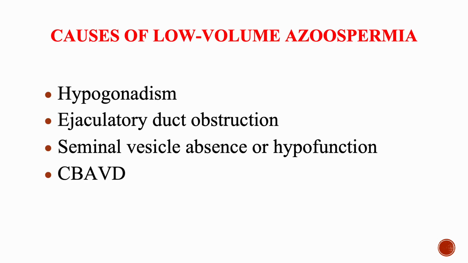Then coming on to low volume azoospermia. Firstly, we will discuss what the causes of low volume azoospermia are. The causes are first and foremost hypogonadism. Anything which leads to decreased testosterone can lead to low volume azoospermia. There can be ejaculatory duct obstruction, seminal vesicle absence or hypofunction, or congenital bilateral absence of vas deferens.